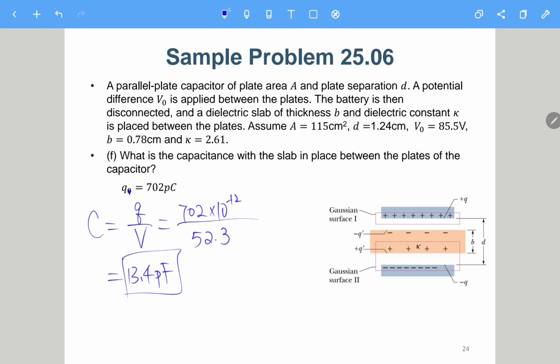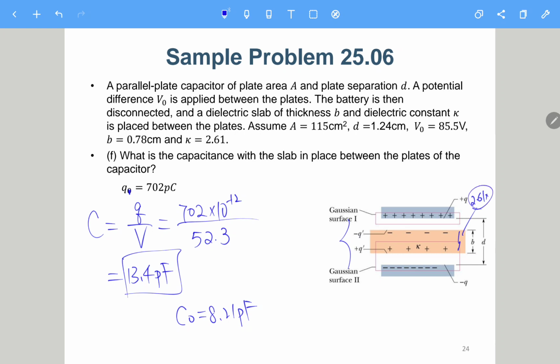Originally the capacitance C0 is 8.21 picofarad. For the slab thickness, it becomes 2.61 times larger.